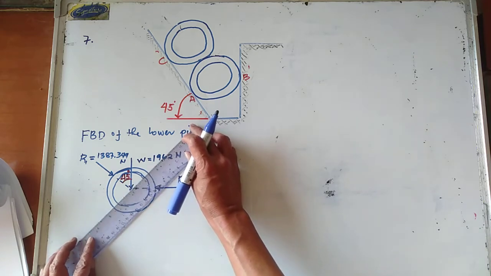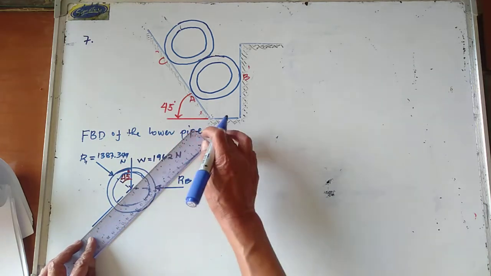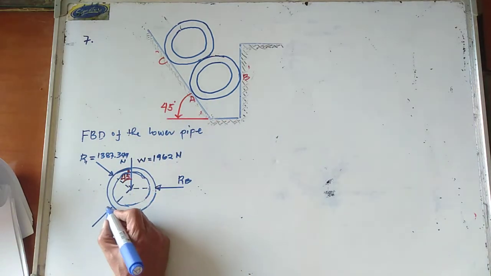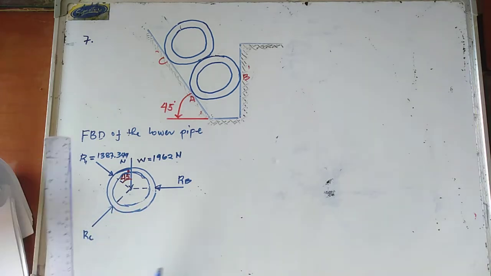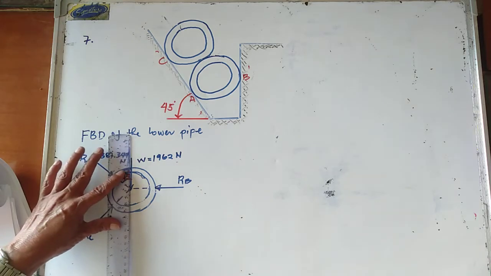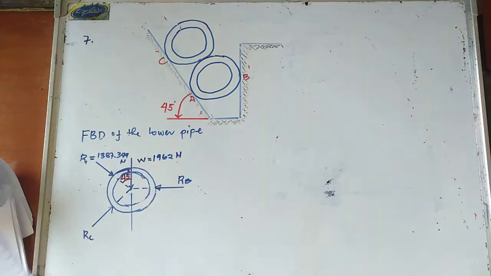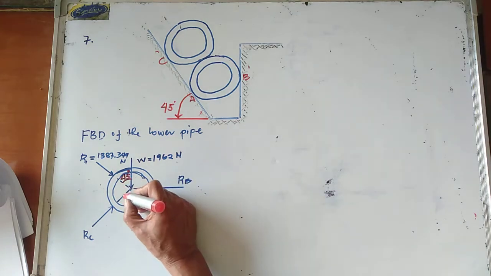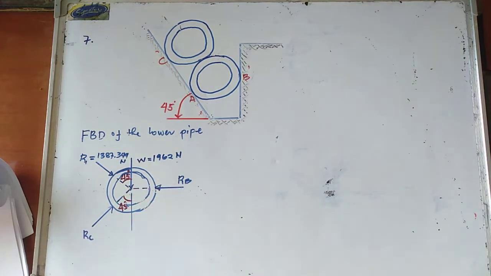Hence, this is now your RC. And your RC again makes an angle of 45 degrees with the vertical. Okay, so same as what we did for the first FBD.